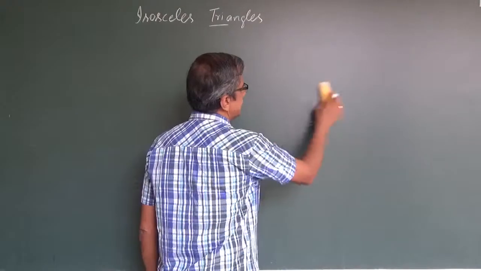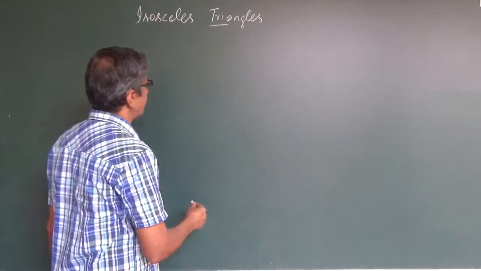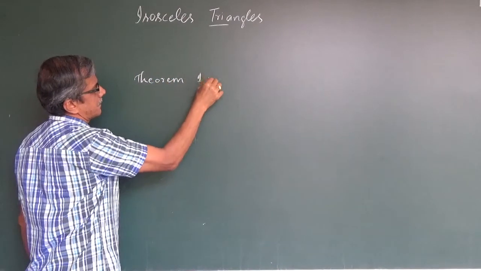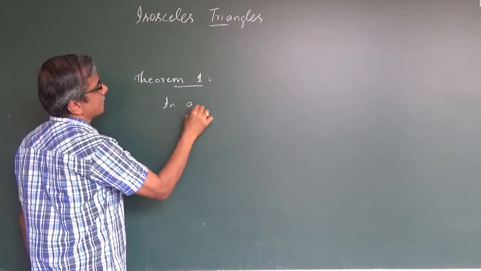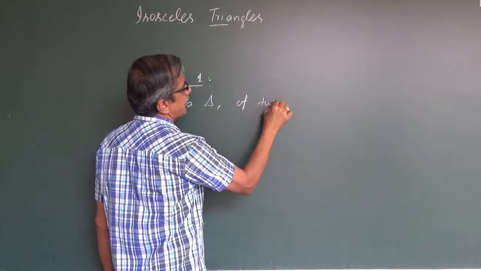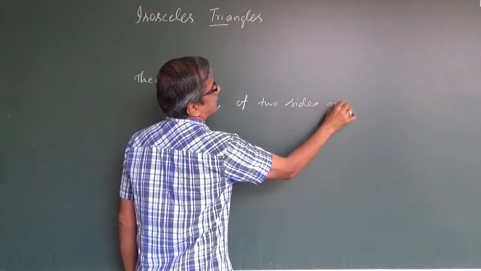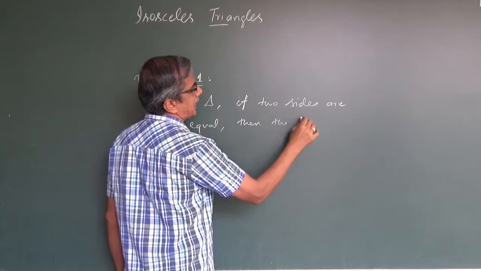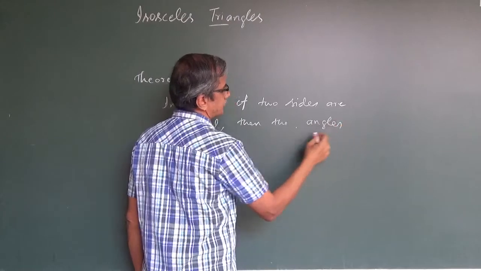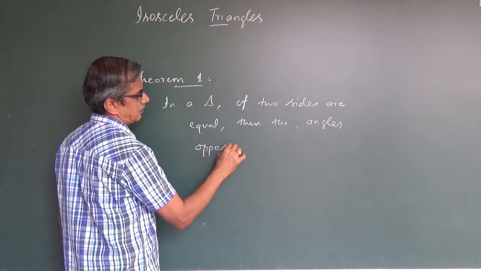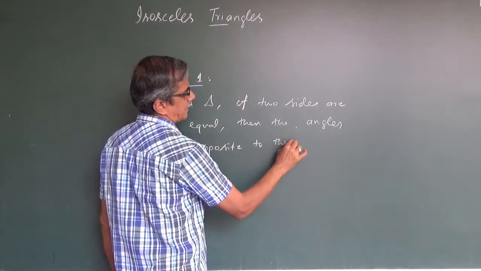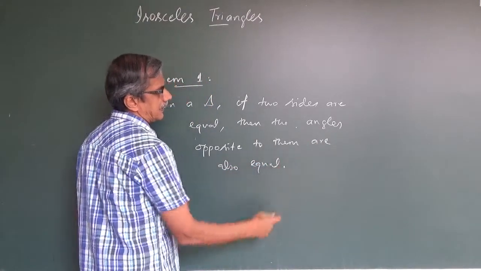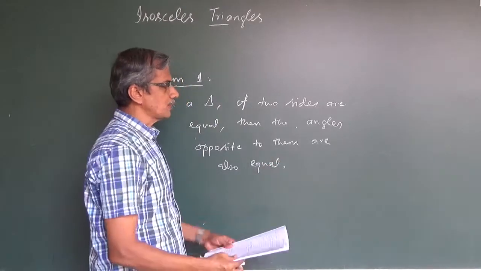Now we will see the theorem. The first theorem says: in a triangle, if two sides are equal, then the angles opposite to them are also equal.